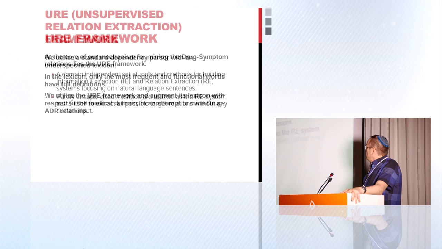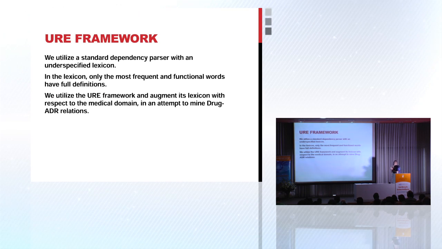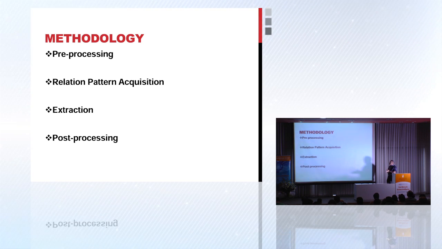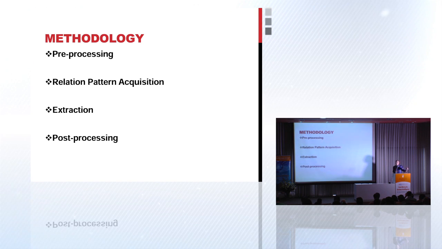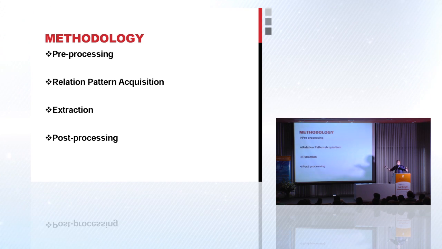I'll show the main things that we need to do. There are 4 steps that we're taking. We have the pre-processing, where we take all the messages from the forums. We learn all the different relationships by using the unsupervised relation extraction, and perform the extraction on the text. The learning is usually done only on a small portion of the full collection of messages, because the learning is much slower than the actual extraction.